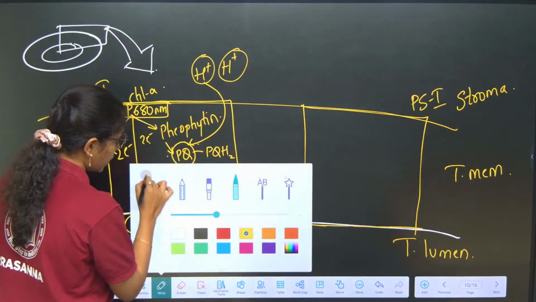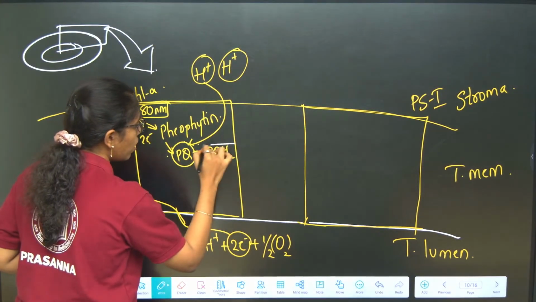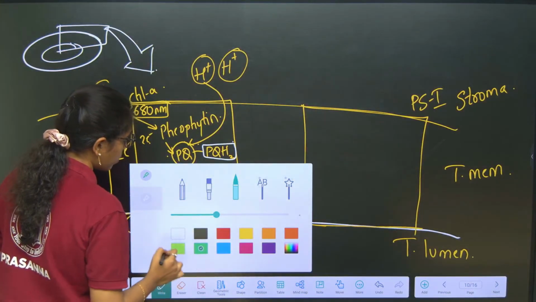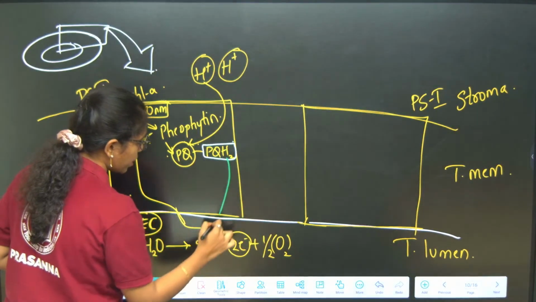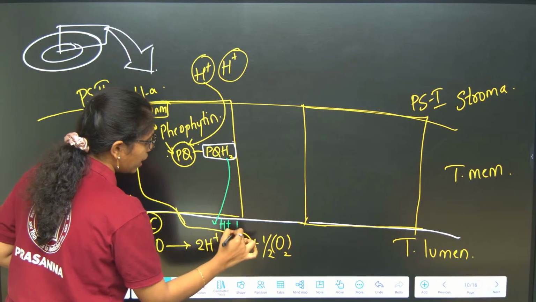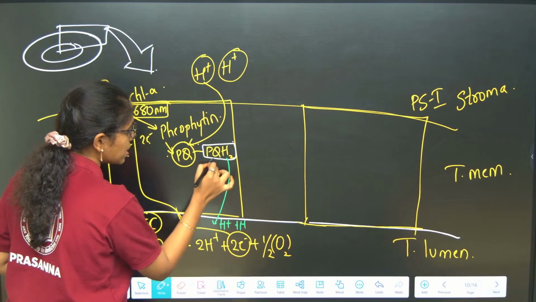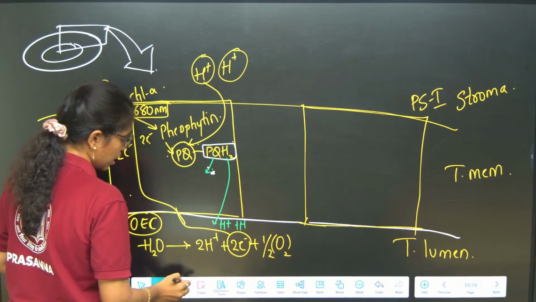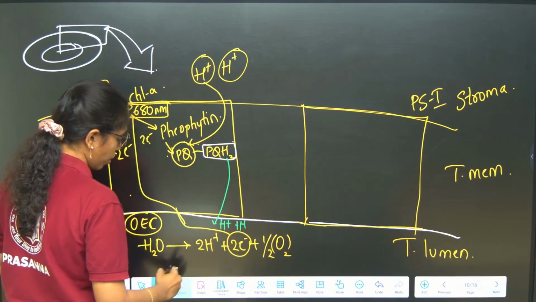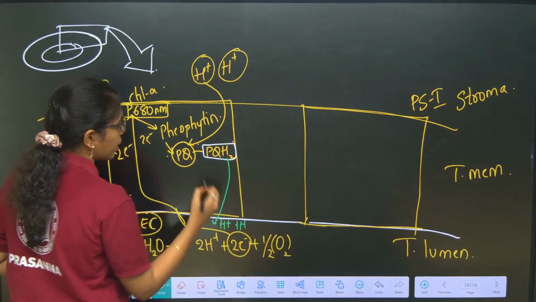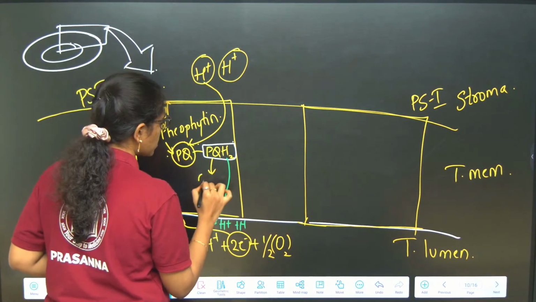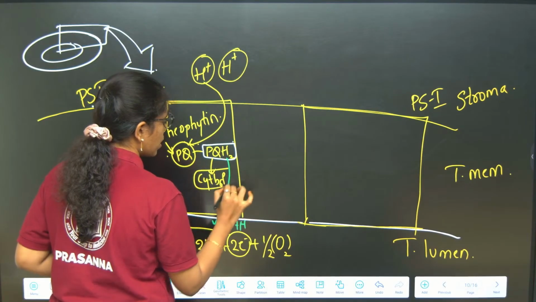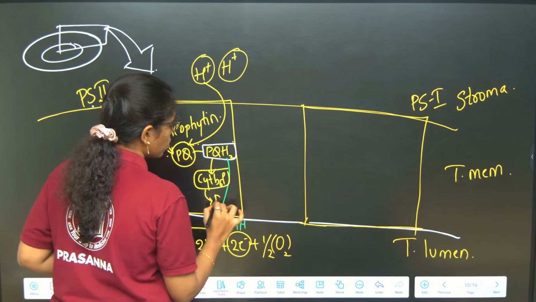It is converted to what? Plastohydroquinone, and then protons are submitted to the thylakoid lumen, and electrons will be submitted to what? Cytochrome B6F complex, and then to plastocyanin.